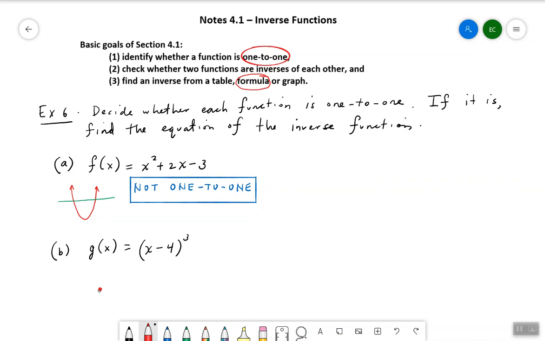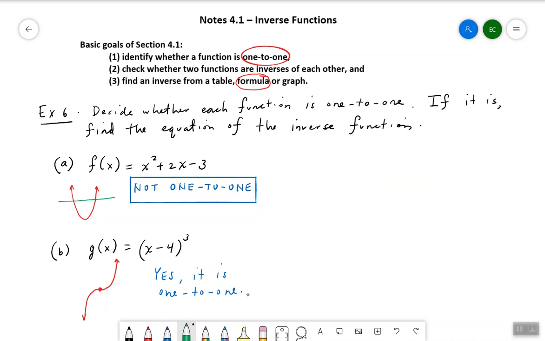So what does the graph of x cubed look like? It looks like that. It is one-to-one. Yes, it is one-to-one. And so we can go on and find the inverse function.